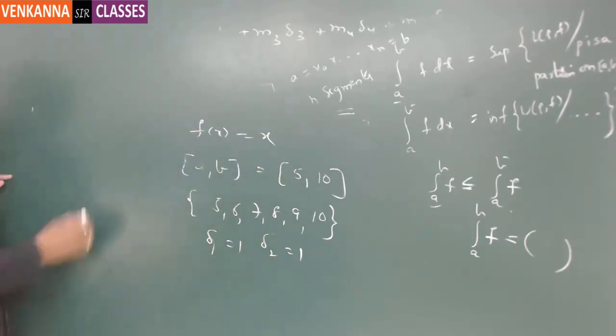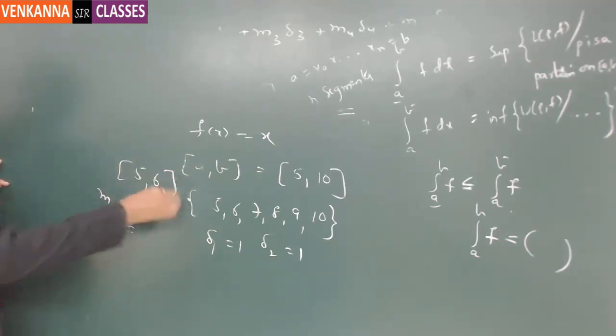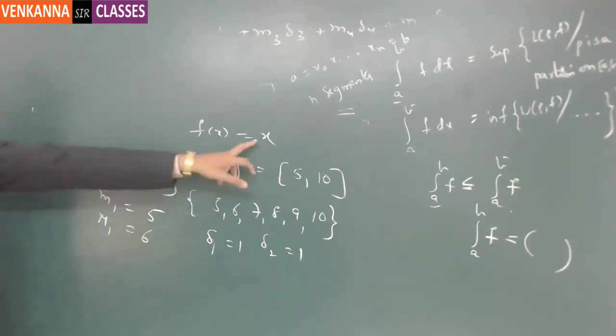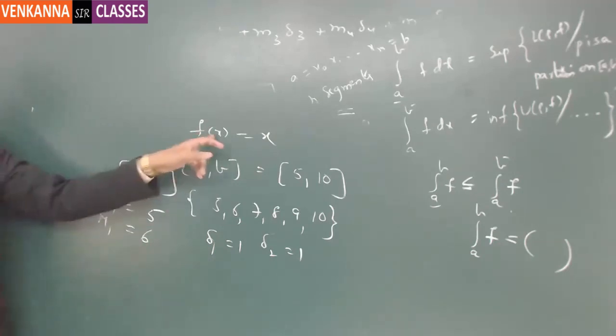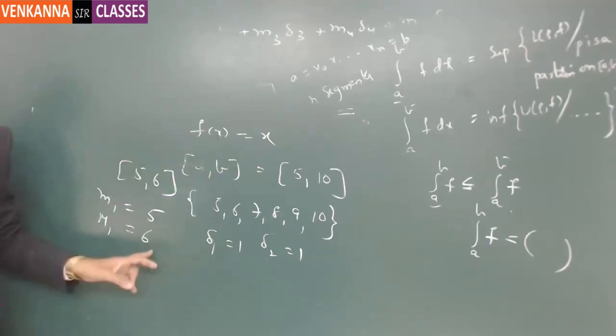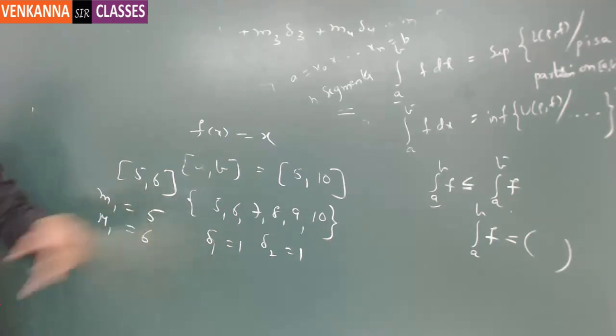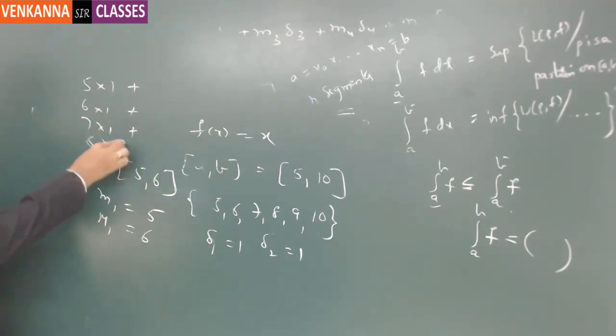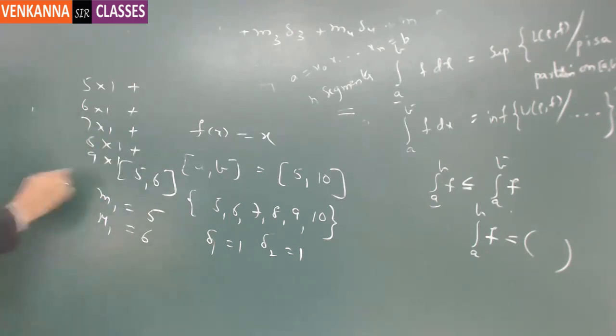Now, what about the function value? Supremum and infimum: for the first subinterval 5, 6, supremum is equal to 6, infimum is equal to 5, as per the function value considered. So we are calculating f of 5 and f of 6. If you calculate the lower sum, you do 5 into 1 plus 6 into 1 plus 7 into 1 plus 8 into 1 plus 9 into 1. You will get a number. Accepted?